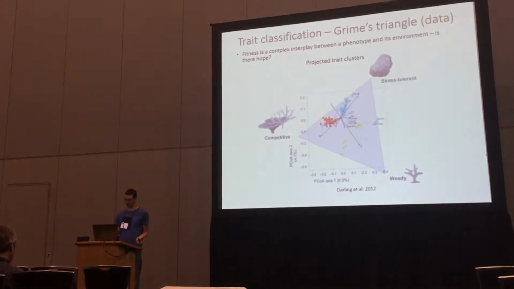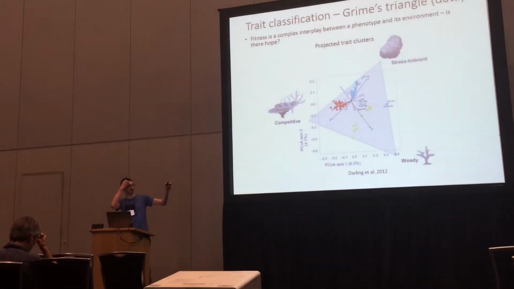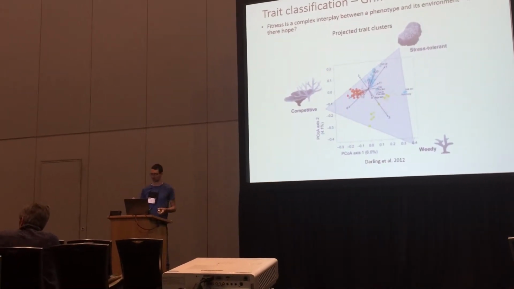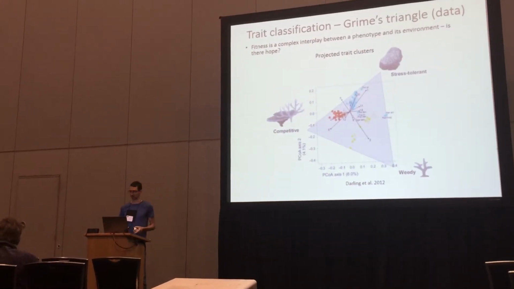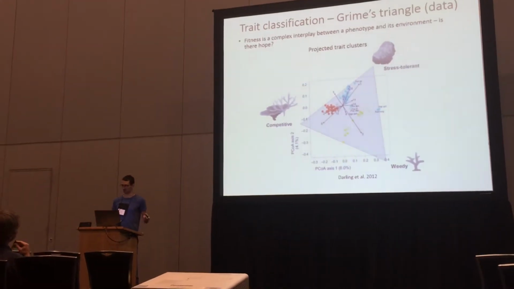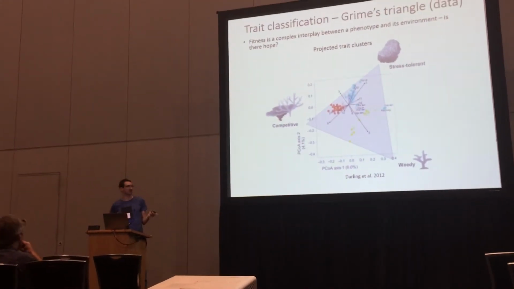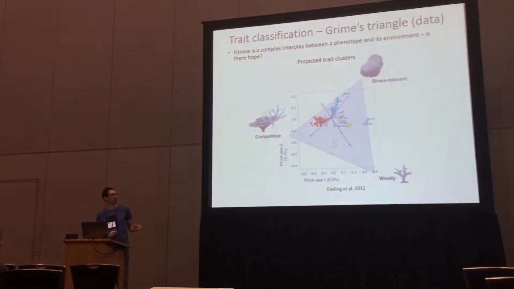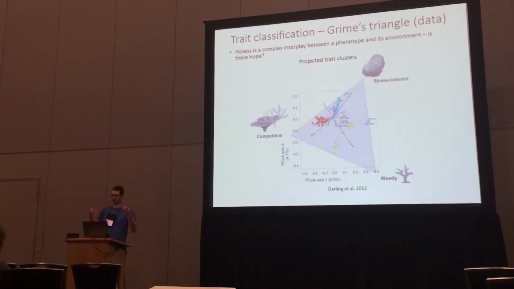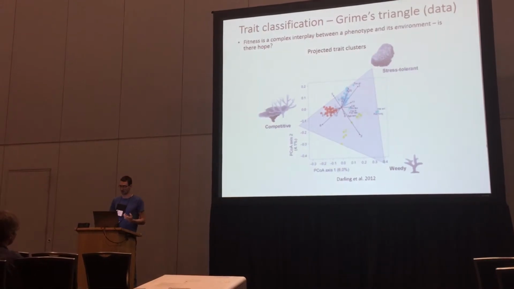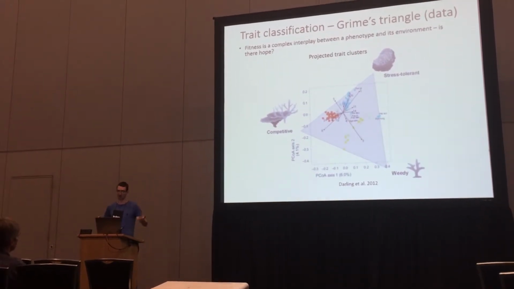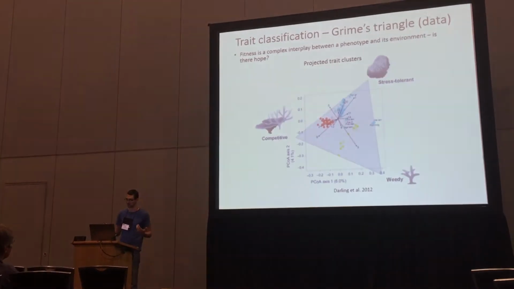This is not just found in corals. It's just a good example because the statistics are solid. Grime, who it's named after, originally looked at plants, and people have looked at all sorts of organisms. The point here is that you've got this very high-dimensional space of traits, but there are three clusters in there, and so in some sense the degrees of variation in fitness are a lot lower than you would think from the complexity of traits and environments and so on.